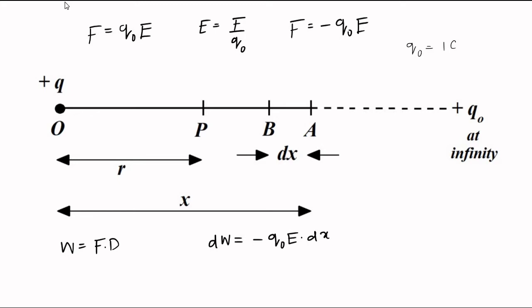Q0 is equal to 1 coulomb, so we can replace Q0 with 1 coulomb and it will simply be minus E dx.